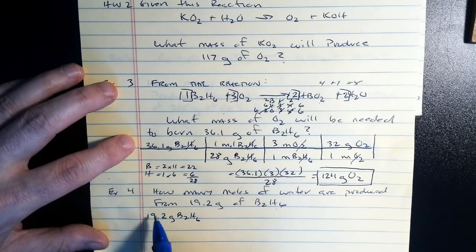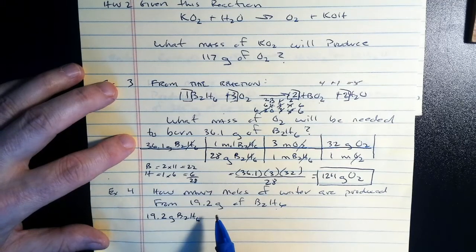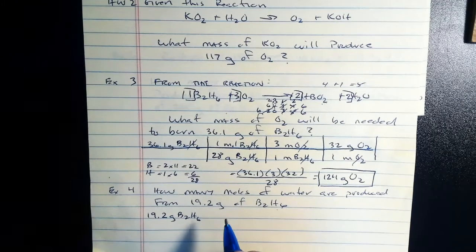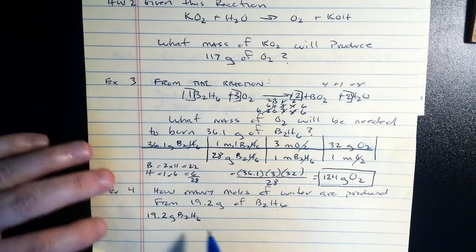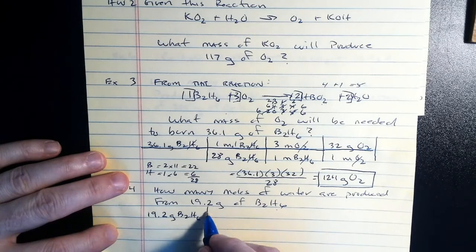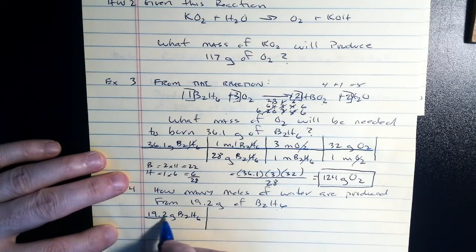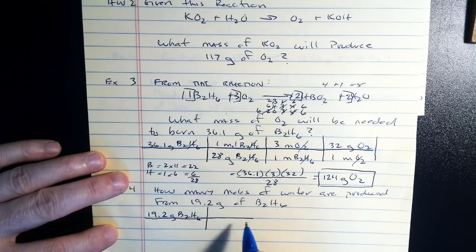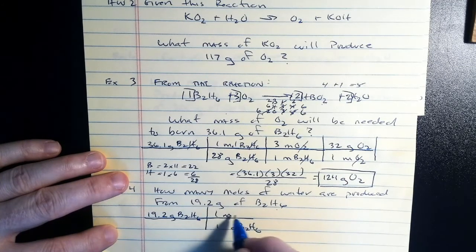If you guys are at home, just please skip a line there to make it better. And so we're going to have to calculate moles of B2H6 first. So we're going to have grams of B2H6 here, equivalent to 1 mole of B2H6.